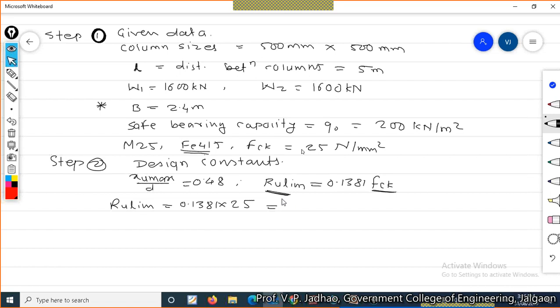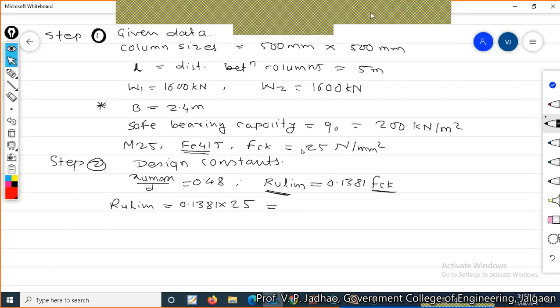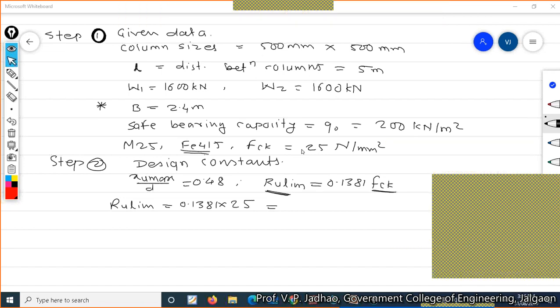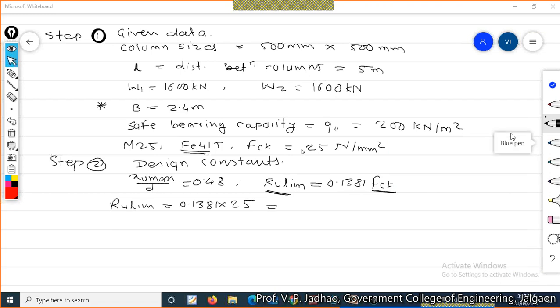I haven't calculated this; if you have a calculator, let me know how much it is. 0.1381 times FCK gives RU limiting as 3.45. So RU limiting is 3.45. Just let me calculate it.